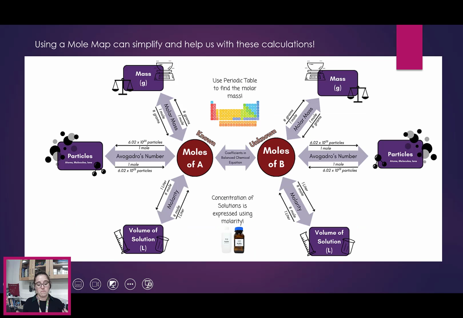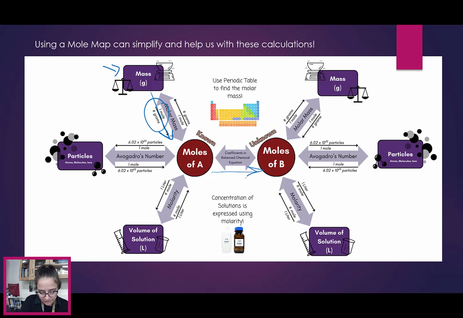Now, another trick that we can use to help us out with solving these types of conversions is called the mole map. Now, this mole map is designed to tell you which conversion factors you need to get from where you want to go. So in the one that we just did, we started with grams of our unknown, and we converted it to moles using this 1 mole over the number of grams. See that in that first conversion factor we used?